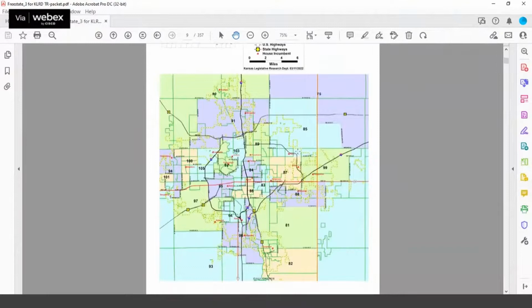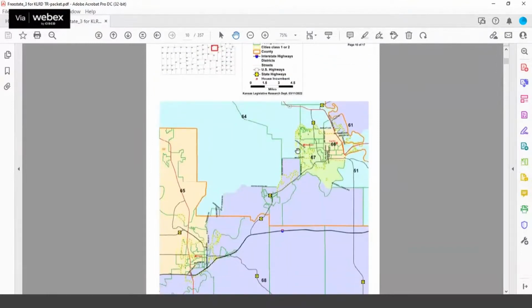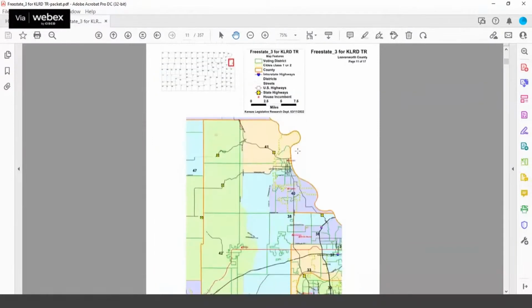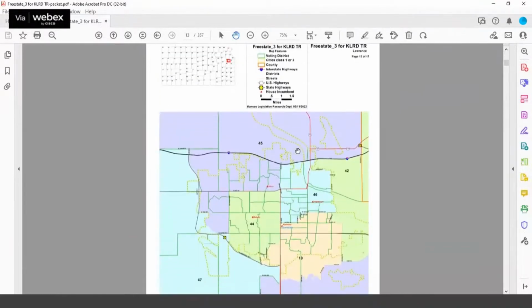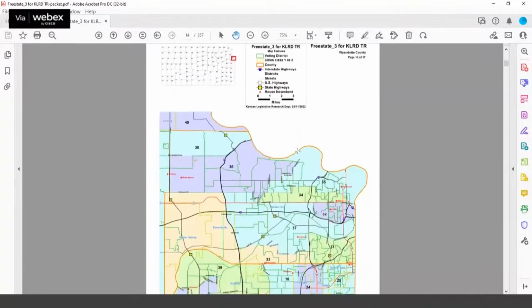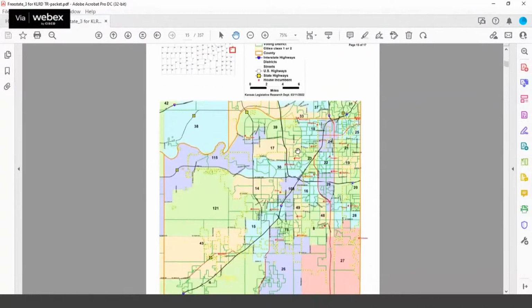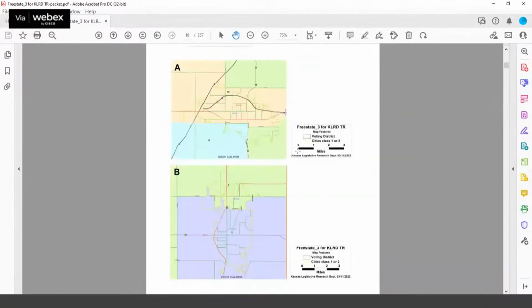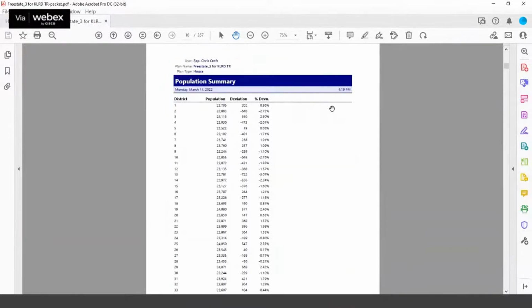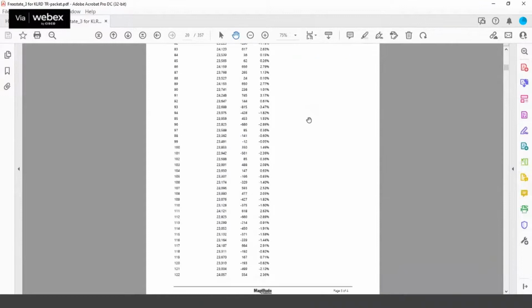We've zoomed into the city of Wichita on the next page, Manhattan and Junction City, Leavenworth County, Topeka, Lawrence, Wyandotte County, Johnson County, Emporia and Pittsburg. And after that, we've got the population summary, which is another page. That's the next page for the committee that I've included today in the materials.